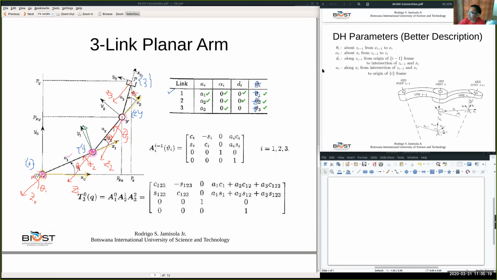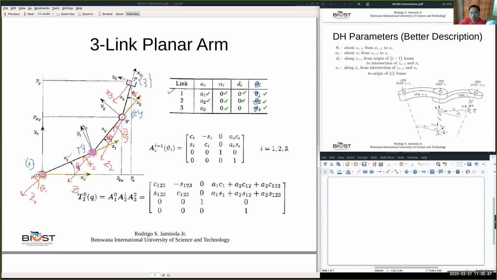Next, let's do D3. Along Z2. Where is Z2? Z2 is this one. We identify D3 along Z2 from origin of frame 2. So again, let's draw the origin.